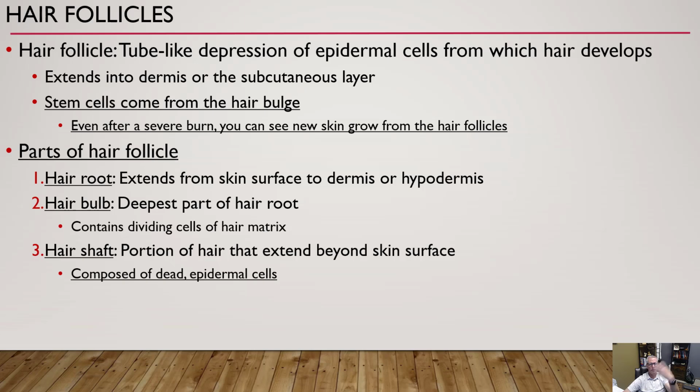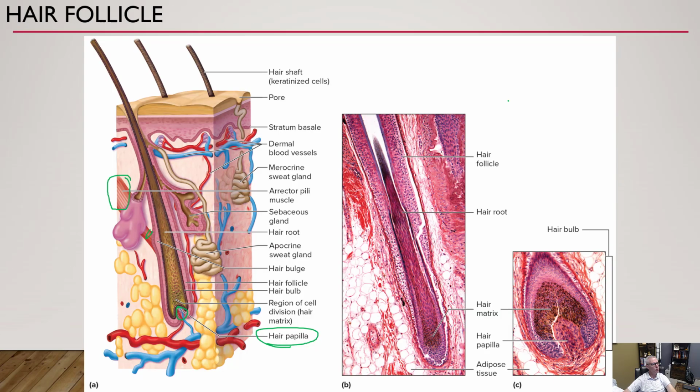All right, the hair follicle itself. It's basically a tube-like depression made up of epidermal cells, so basically skin cells. And it says here stem cells come from the hair bulge. So even after a severe burn, you can see new skin grow from the hair follicles. So right here, this is the hair bulge.